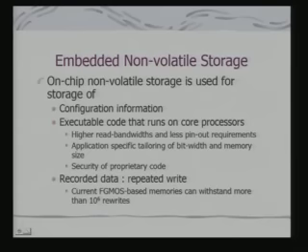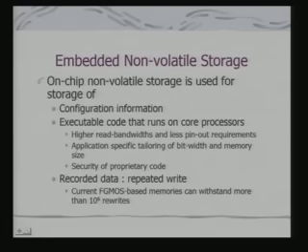Why? Because you do not need an external memory. So, what is being compared here is having your program running on an external memory block vis-a-vis the program being stored in on-chip flash or any other form of non-volatile memory. So, you can have higher read bandwidths, and your pinout requirement goes low.